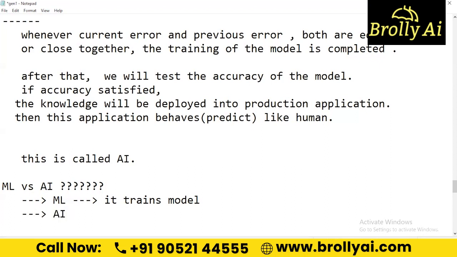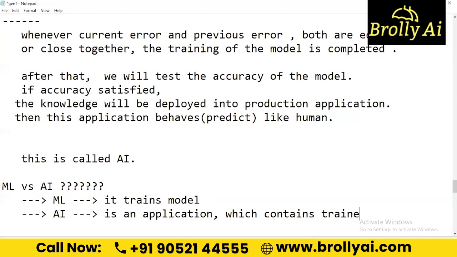AI is an application which contains trained model's knowledge.